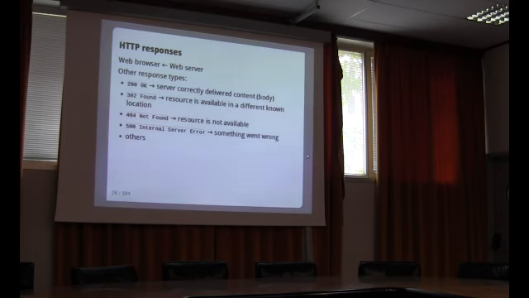Then we have a kind of response that says, okay, this document exists, I, the web server, know that this document exists, but it's not here, it's available in a different location, and I'm giving you the location of where the document is supposed to exist. So in this case, usually the web browser will perform another request for the correct location.